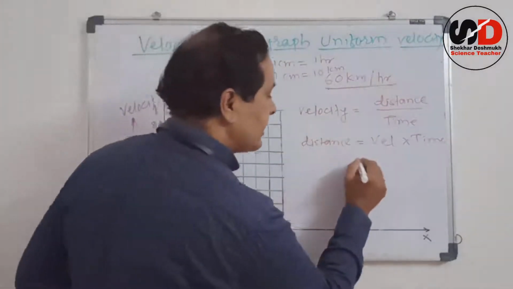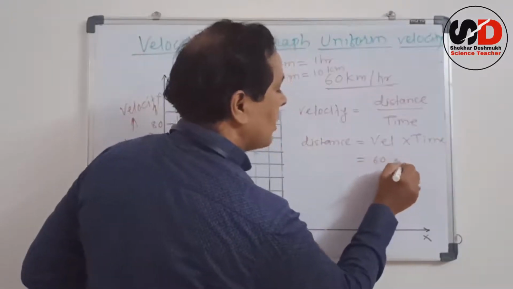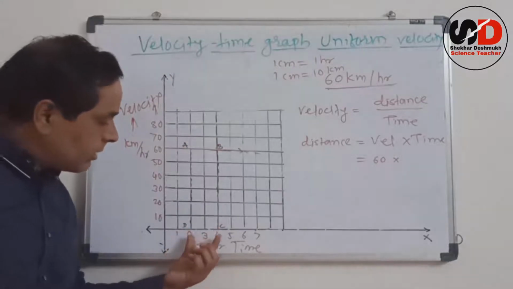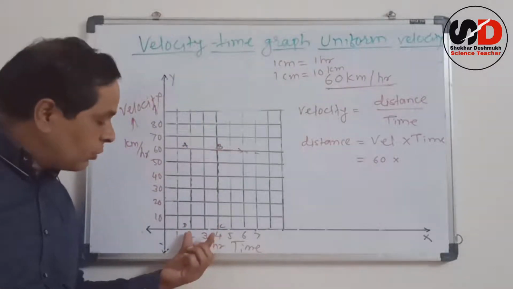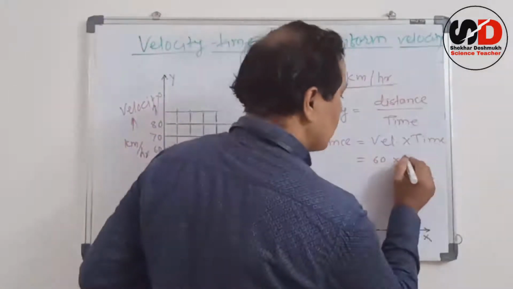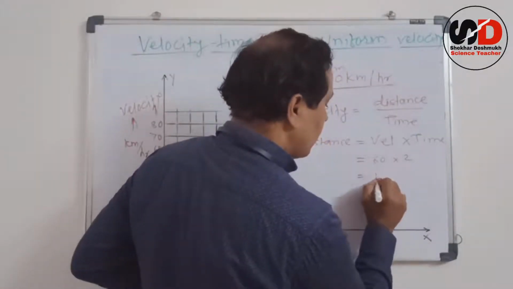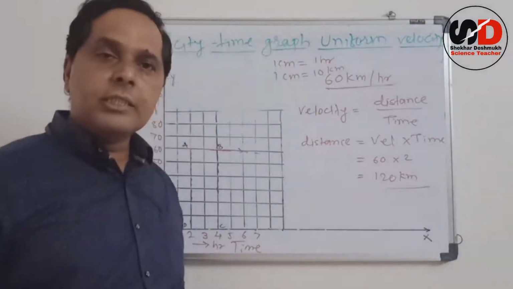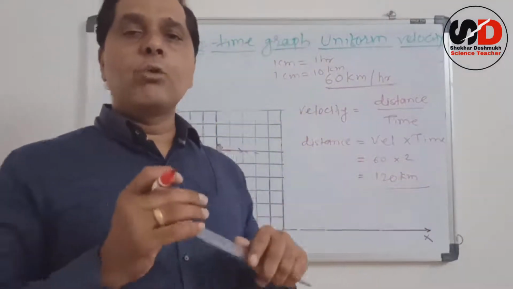So velocity is 60. And what is time? We are calculating the distance covered within 2 to 4 hours. That means 2 hours. So 2. So it is nothing but 120 kilometers. How much distance is traveled? 120 kilometers.